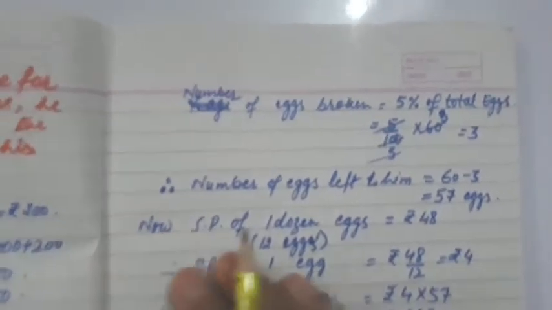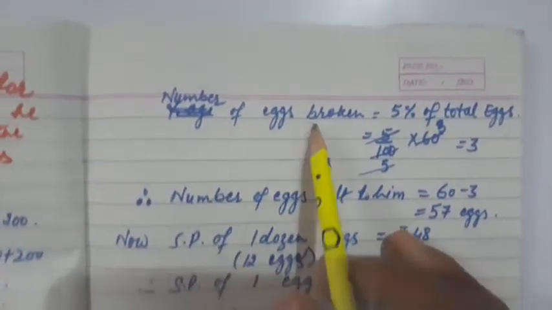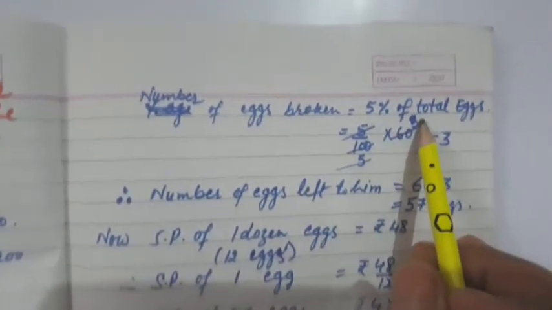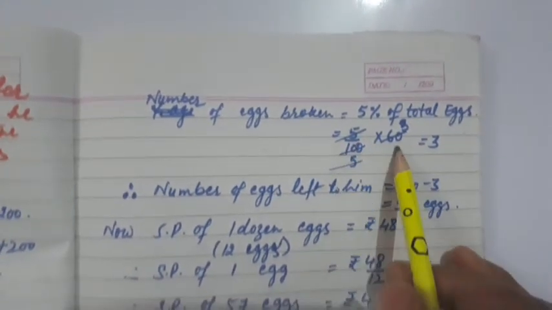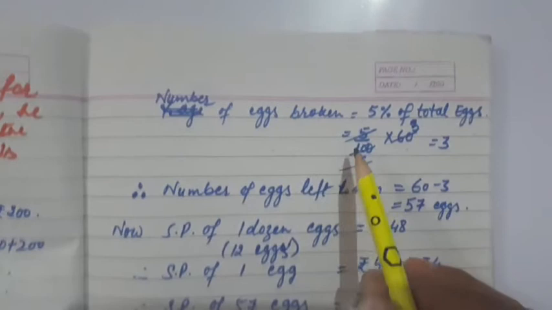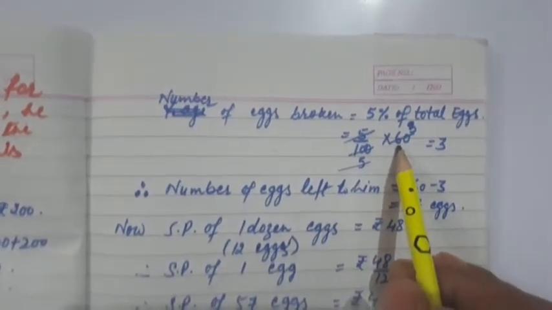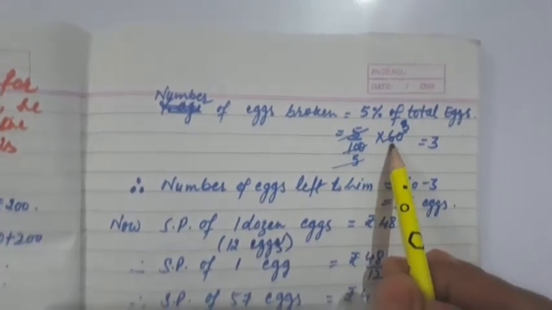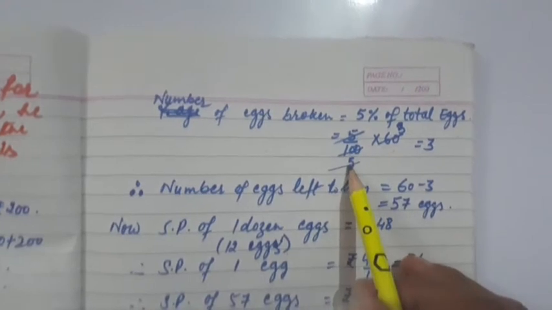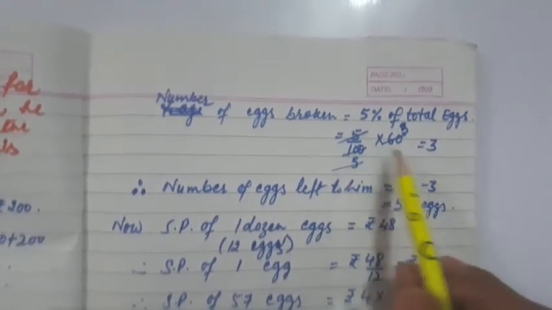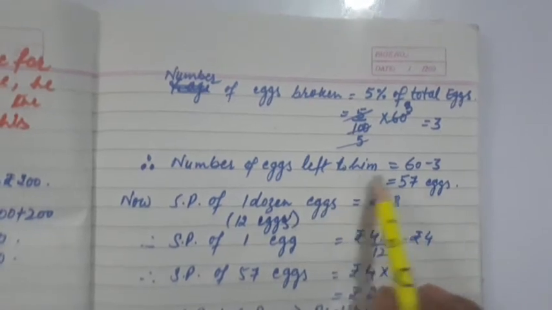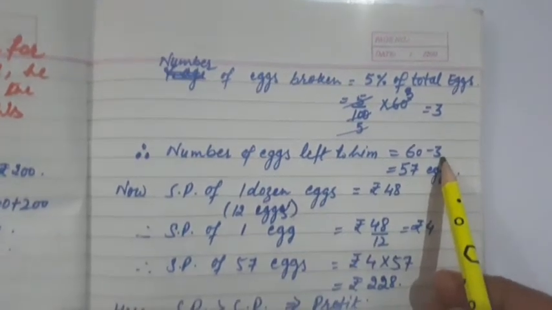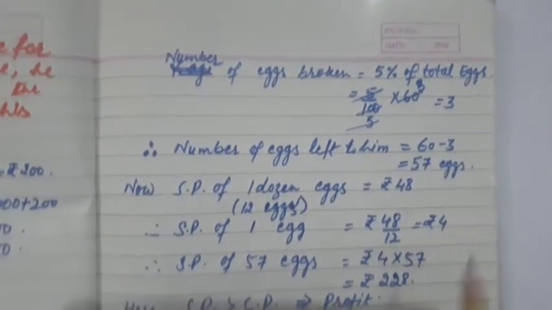The percentage of eggs broken is 5%. Therefore the number of eggs broken is 5% of the total 60 eggs, 5 upon 100 into 60. The 5 we can cancel there, and we get 3. Therefore the number of eggs left to him is 60 minus 3, which is equal to 57 eggs.